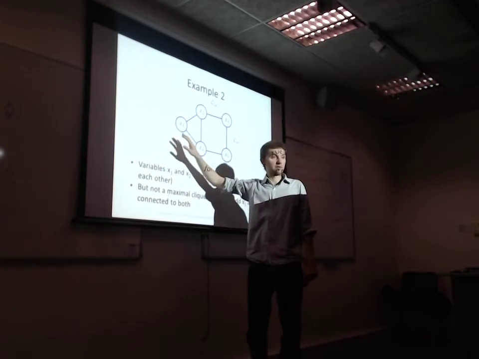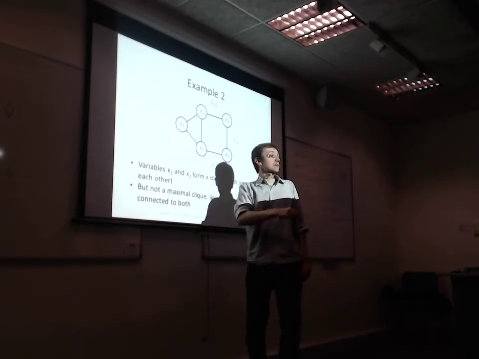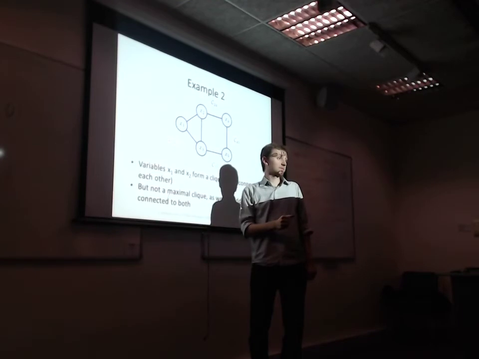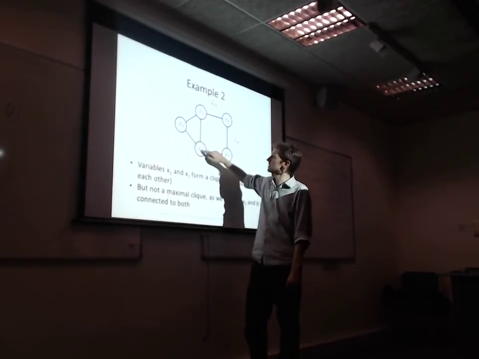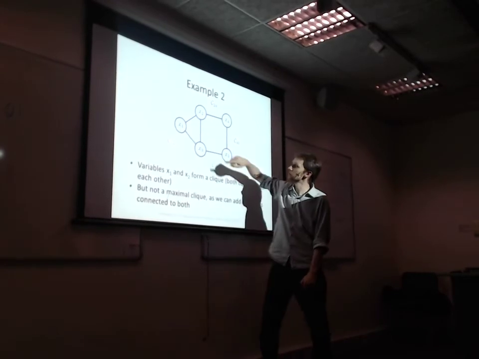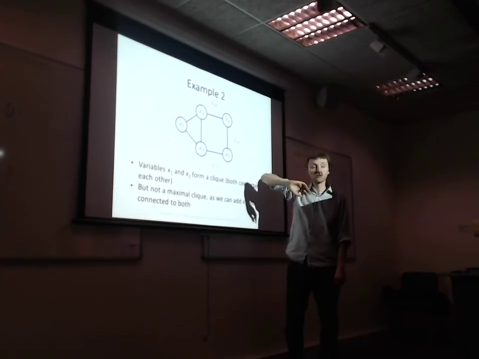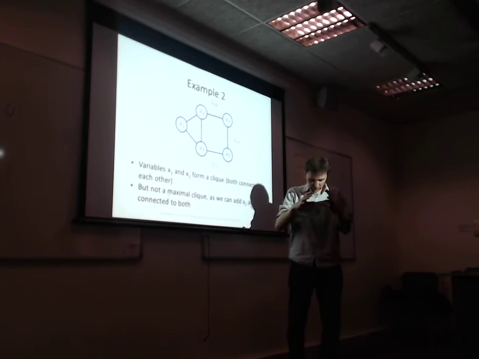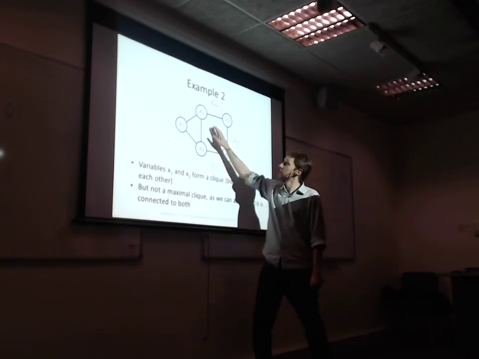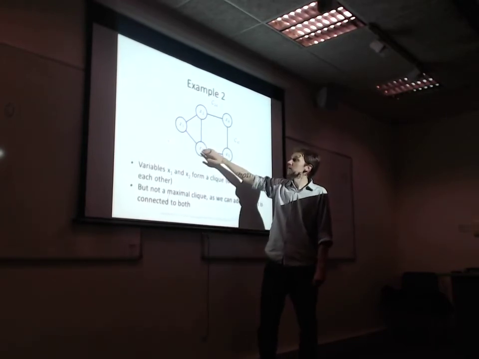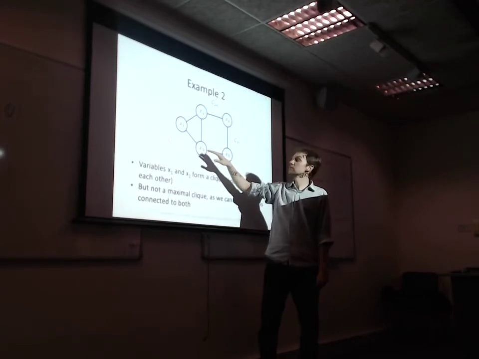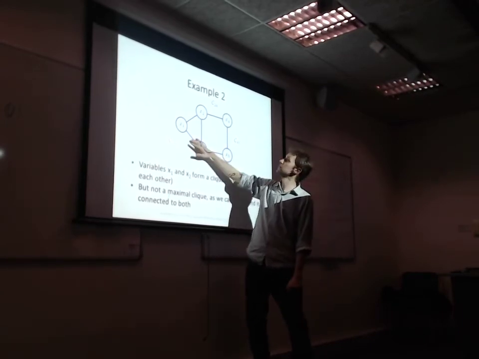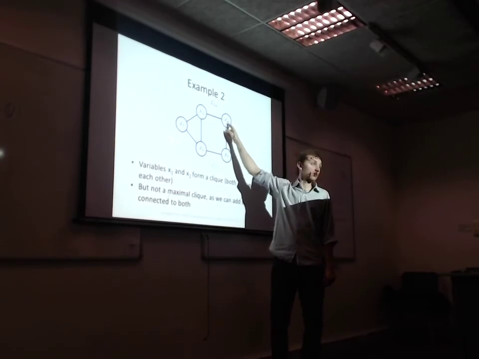Everything inside a maximal clique is connected to everything else in the maximal clique. 1 is connected to 2, 1 is connected to 3, and all 3 are connected to each other. It's a fully connected graph when we just look at those 3. If it weren't a maximal clique, then we would be able to add variable x4 to it.